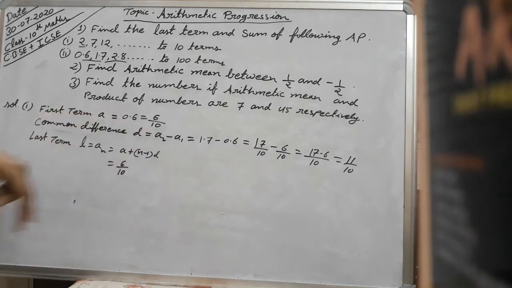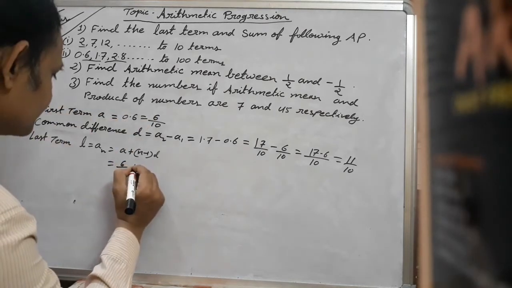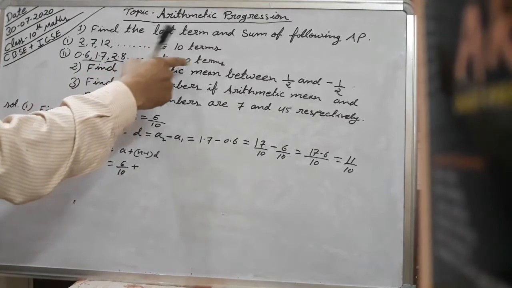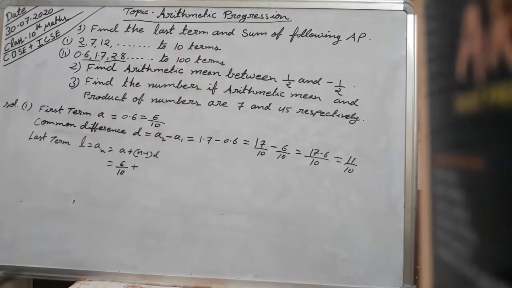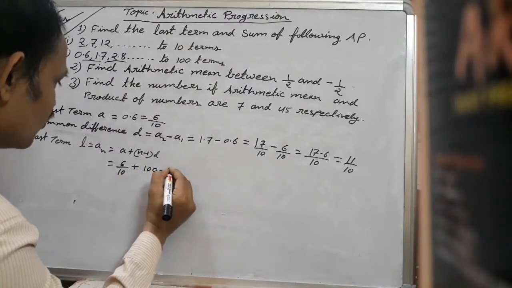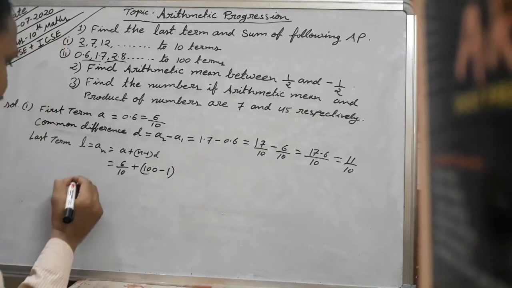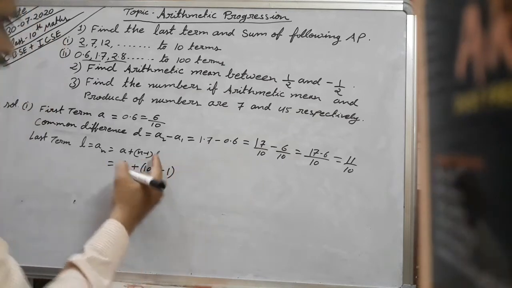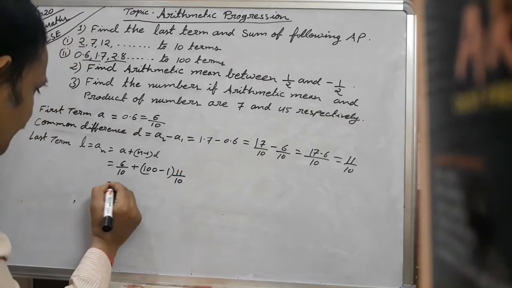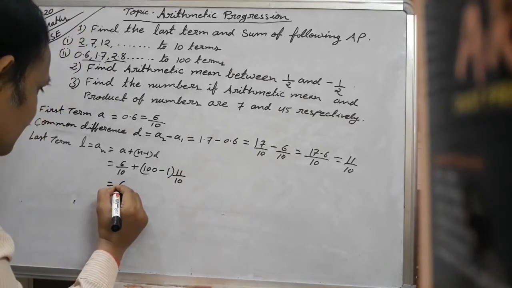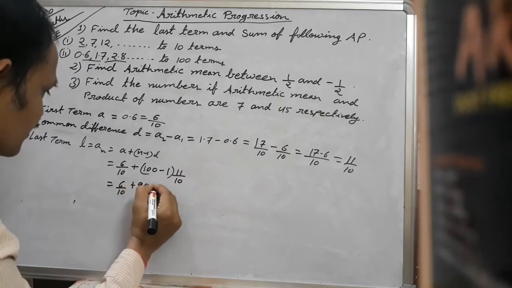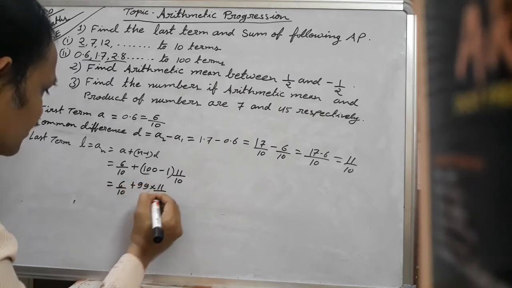A is 6 by 10 plus n. How many number of terms are there? 100. That is 100 minus 1, and D is 11 by 10. Then 6 by 10 plus 99 into 11 by 10.